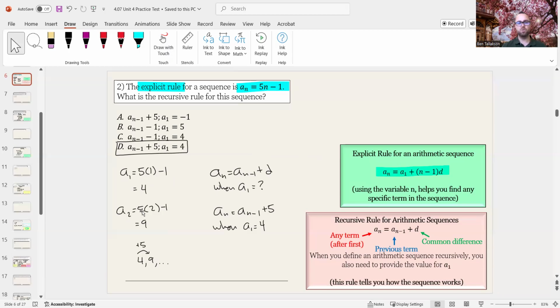We plug in 2 to find a sub 2, giving us 9. So the first value is 4, second value is 9. So you can clearly see we'll be adding 5 every time. You could find more terms, but that won't be necessary. We found a sub 1 and D, and our answer is there. It's also right here.